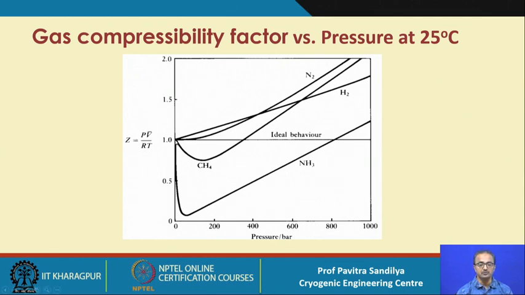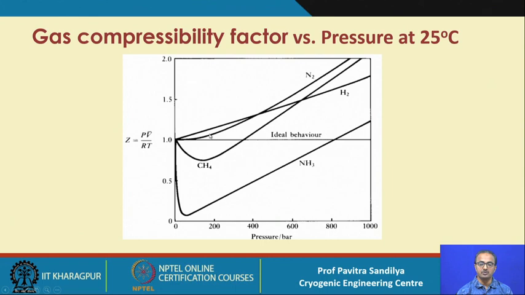It starts at unity, that is, ideal gas, and as I increase the pressure, it comes down, and then again rises, crosses Z equal to 1, and for further increase in pressure becomes more than 1. That means only at some point is ideal behavior maintained, and for the rest it behaves like a non-ideal gas.